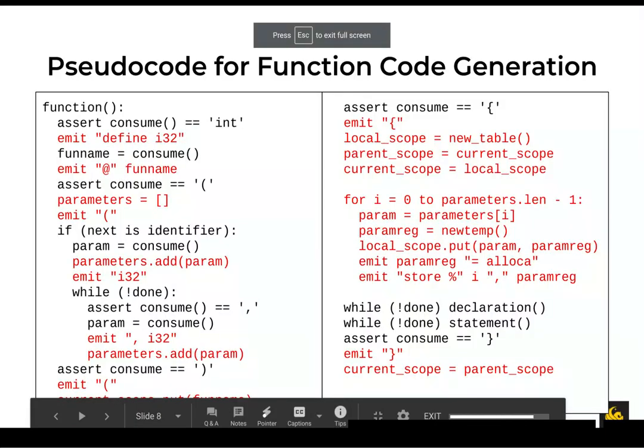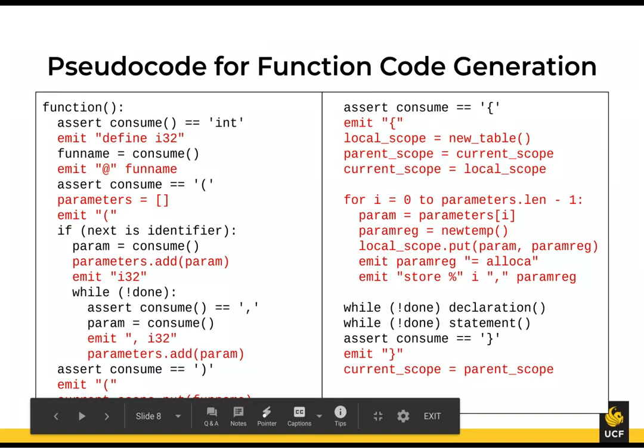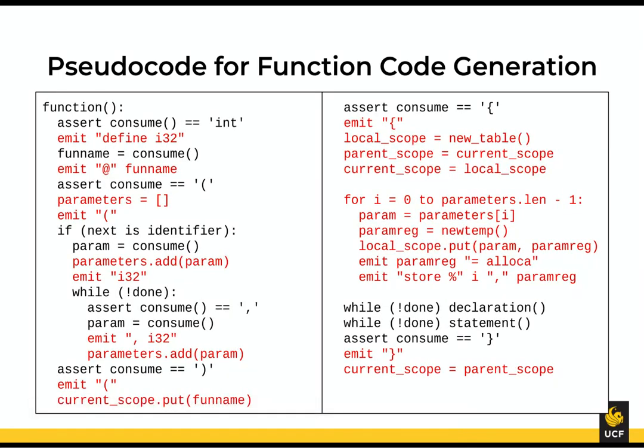Okay. So let's look at the pseudocode for processing this. So let's just look at the black text first. The black text just shows the parsing of that grammar. So we consume the int keyword, we get the identifier, which is the function name, we get the parentheses, and then the way I have this written is I check to see whether the next token is an identifier.